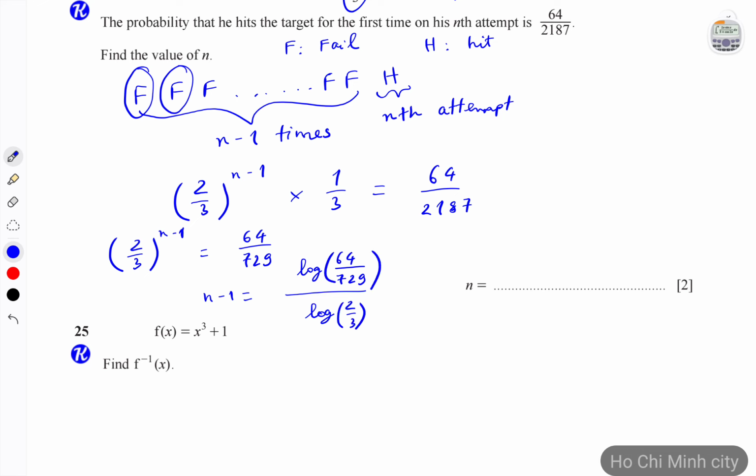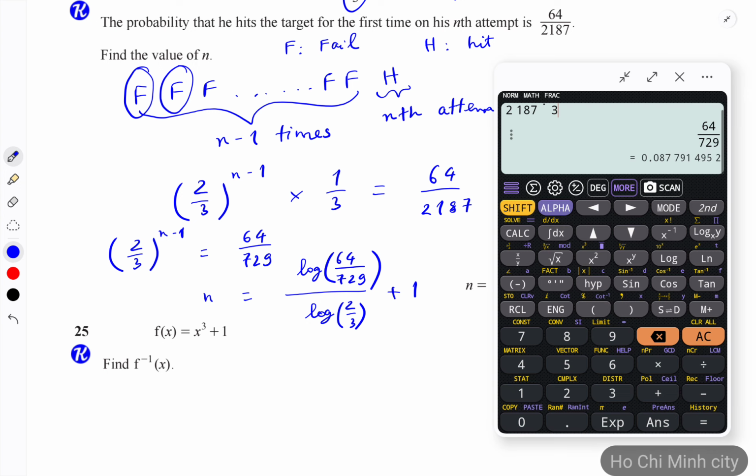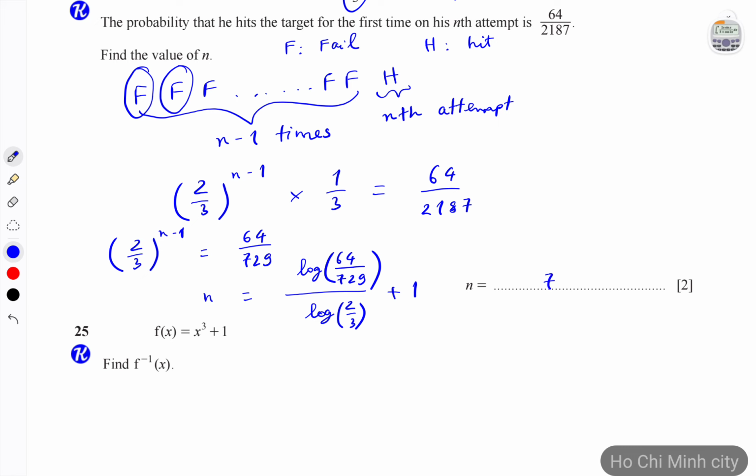And then plus 1, n is equal to that. So take the log of 64 divided by 729, and then divide by the log of 2/3. We have the answer 6, and then plus 1, that is 7. So n is 7.